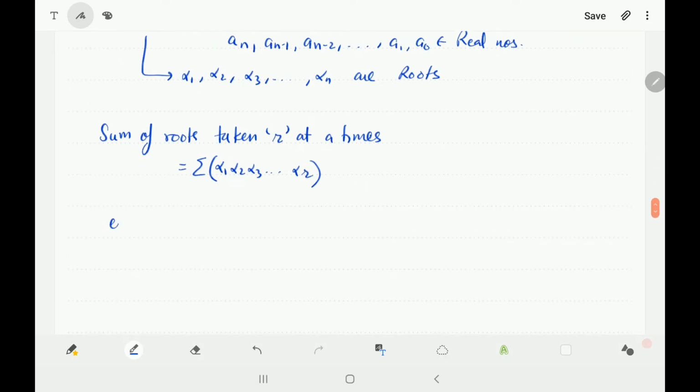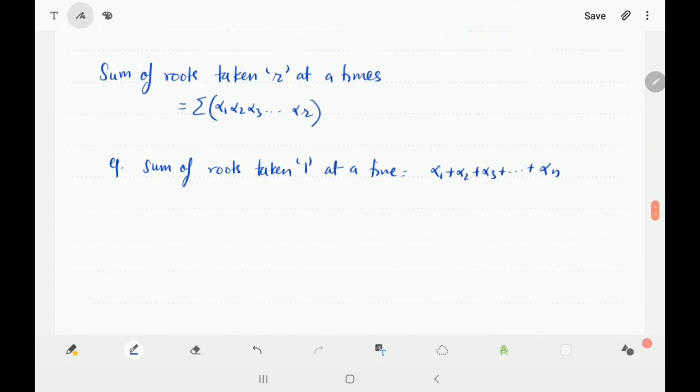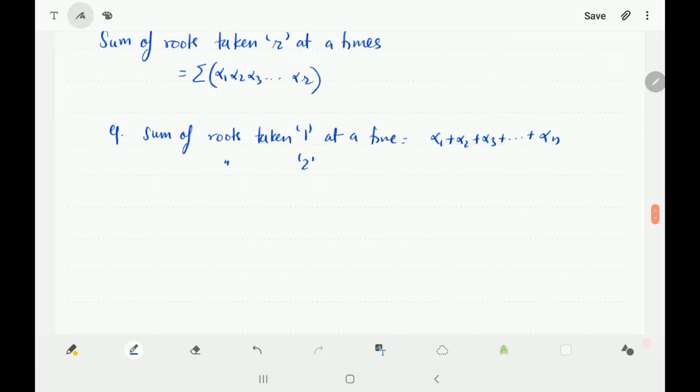For example, if I say sum of roots taken one at a time, what that means is alpha 1 plus alpha 2 plus alpha 3 and so on to alpha n. Now if I say sum of roots taken 2 at a time, I'll denote it as summation alpha 1 alpha 2, which will be alpha 1 alpha 2 plus alpha 1 alpha 3, alpha 1 alpha 4, and so on to alpha 1 alpha n, plus alpha 2 alpha 3.